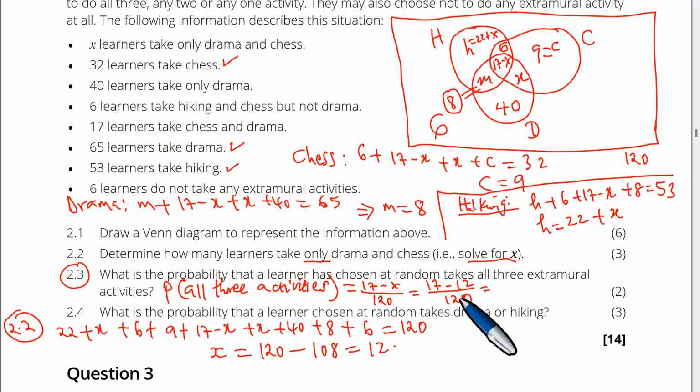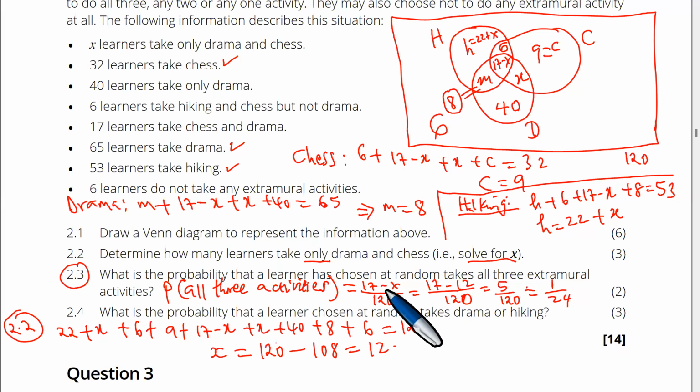What is 17 minus 12? It is 5 divided by 120. We can simplify: 5 goes how many times into 120? It goes 24 times, and 5 goes once into itself. Therefore, that's 1 out of 24. What is the probability that a learner chosen at random takes all 3 extramural activities? It's 1 out of 24.